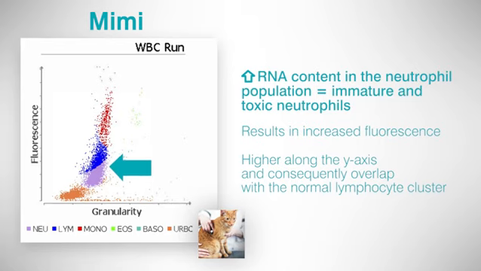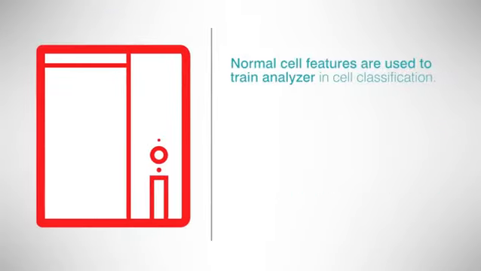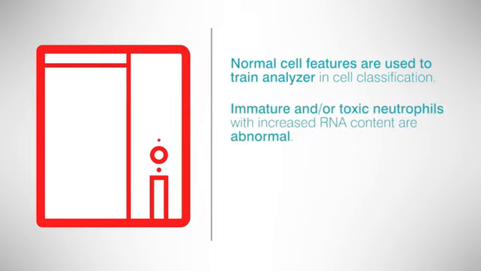This overlap is due to the ProCyte's inability to definitively delineate the two different white blood cell populations. As with all hematology analyzers, normal cell features are used to train the analyzer in cell classification. Immature and/or toxic neutrophils with increased RNA content are abnormal, and the analyzer recognizes some of these cells migrating in the known lymphocyte region.